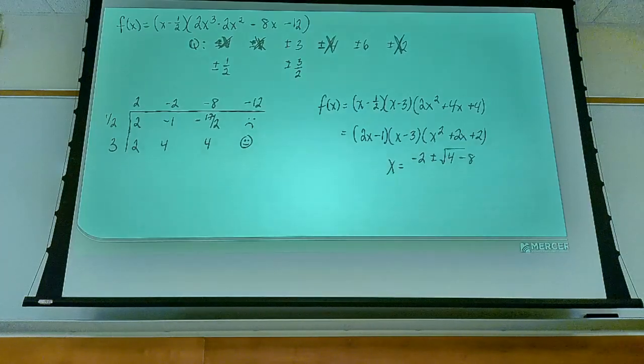That gives me negative 1 plus or minus i. Zeros, negative, I'm sorry, not negative. 1/2, 3, negative 1 minus i, negative 1 plus i. All the zeros.